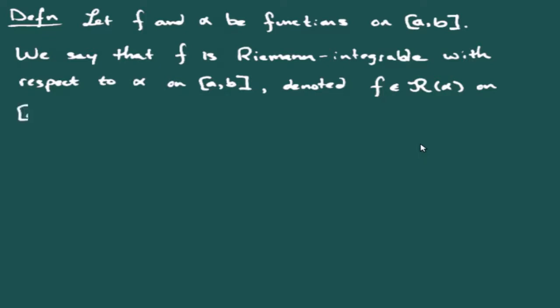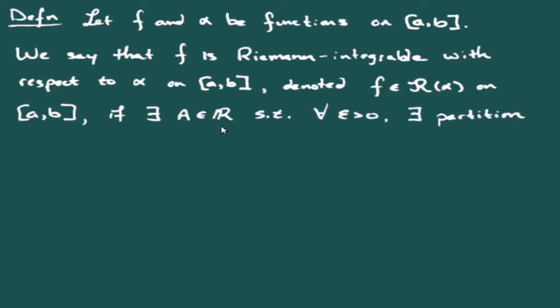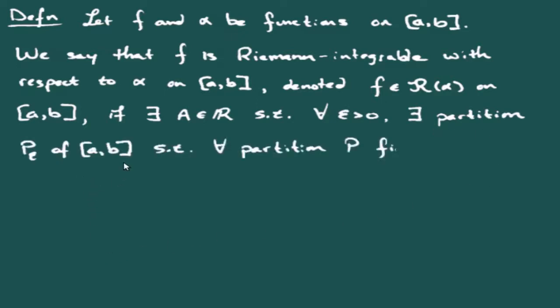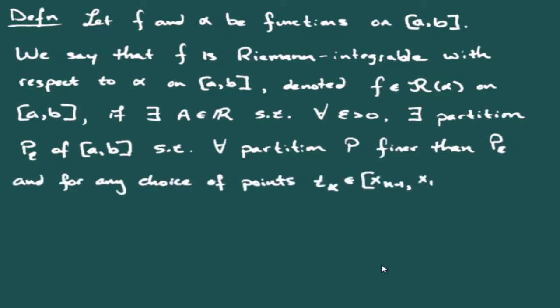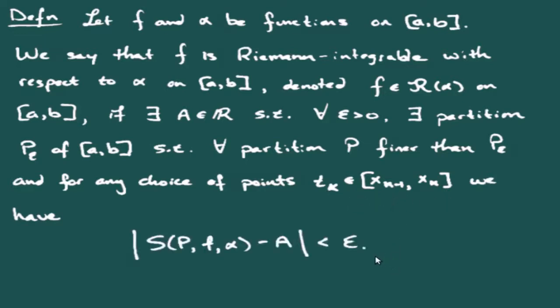What it means to be Riemann-Stieltjes integrable with respect to alpha is that there's a real number A such that for any epsilon greater than 0, there exists a partition P sub epsilon of [a, b] such that if we take any partition P that's finer than P sub epsilon, and for any choice of points that we want to make, so for any possible Riemann-Stieltjes sum that we could take, if we look at the difference between that sum and our real number A, then that distance is going to be less than epsilon.